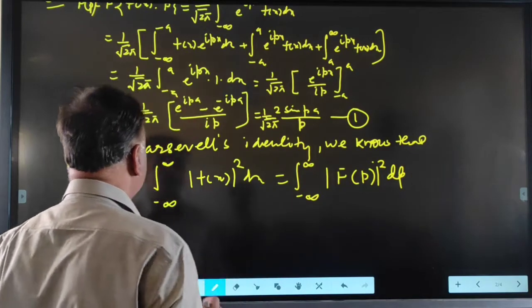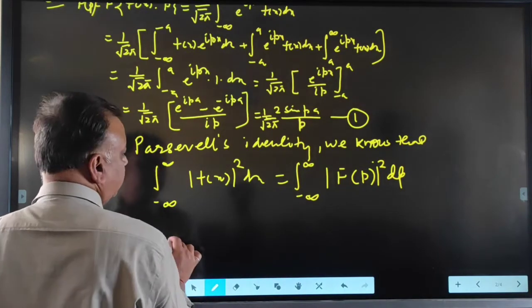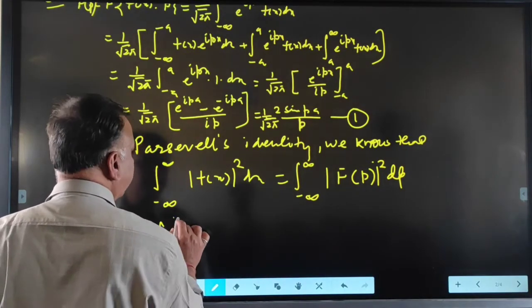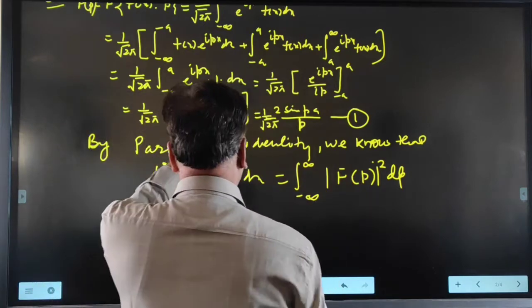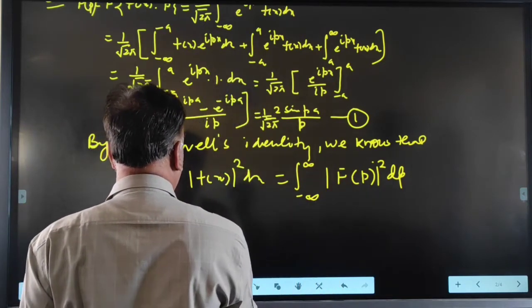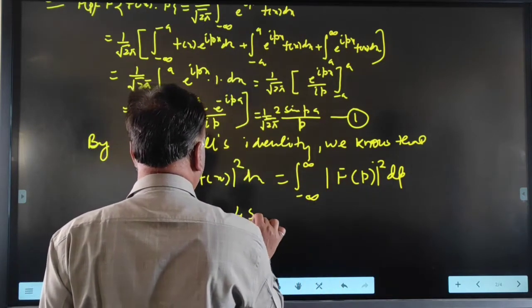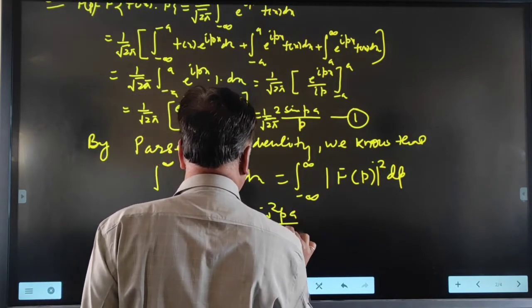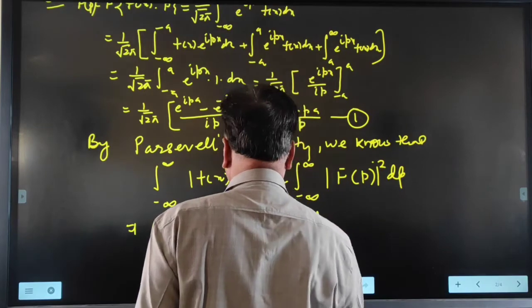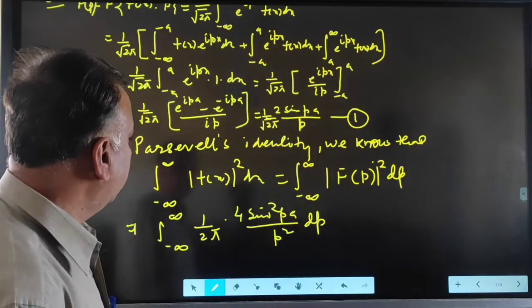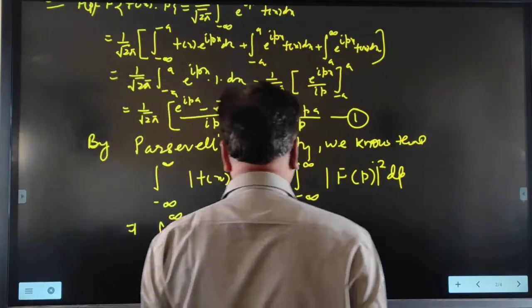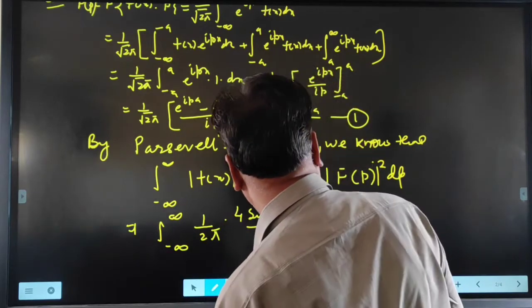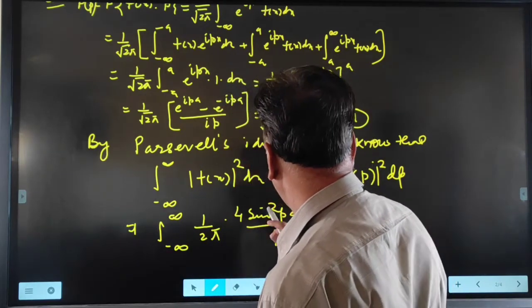Putting these values, we get the integral from minus infinity to infinity of mod F(p) squared, where F(p) is 1 upon 2 pi into 4 sine square pa upon p square dp.